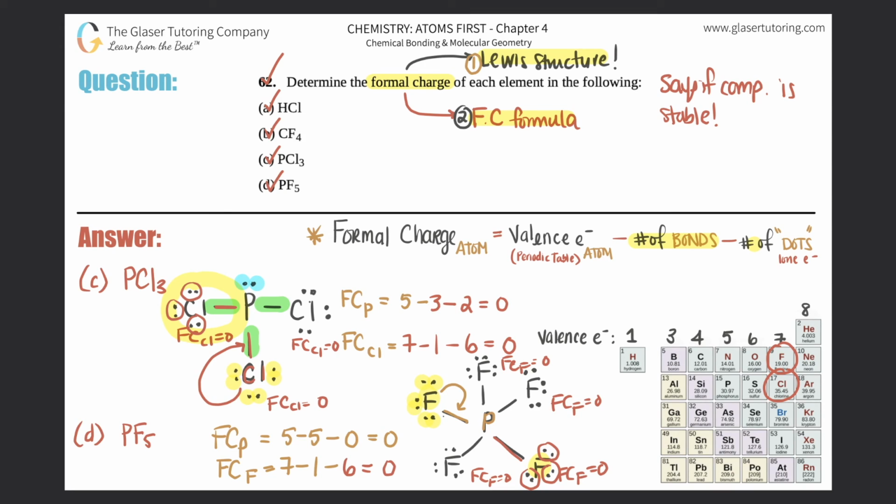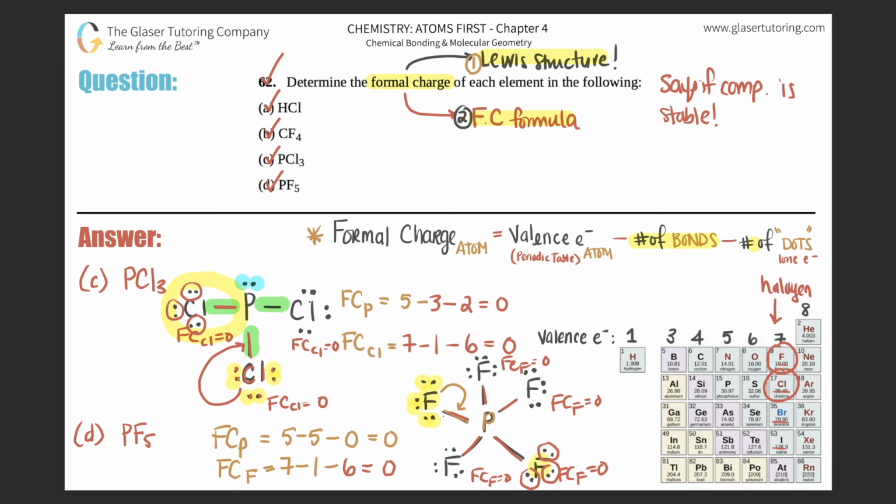It doesn't matter what halogen you have. Whether it's fluorine, chlorine, bromine, or iodine, if it has one bond and 3 lone pairs, right? 1, 2, 3, 4, 5, 6, or 6 lone electrons, it will always be a formal charge of 0.